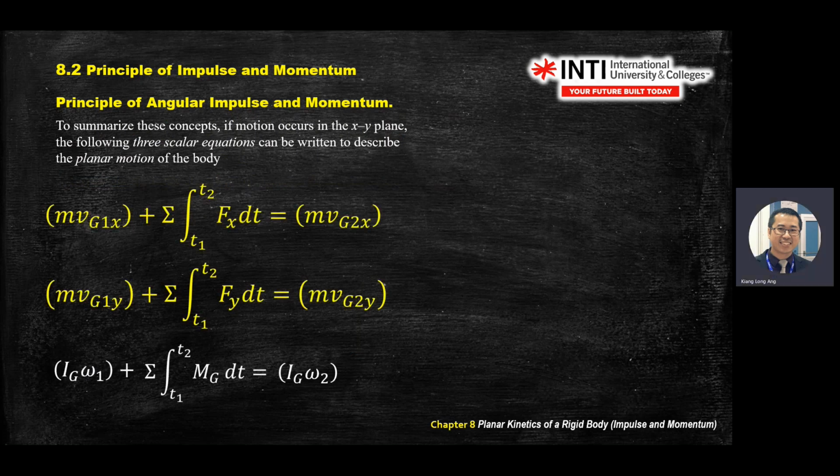So these are the equations that we expect in a chapter 8 question. First is linear impulse and angular impulse. You need two to solve a chapter 8 question. Linear impulse is what you learned in your particles chapter, chapter 1 until chapter 5: mv1 plus Ft equals mv2.